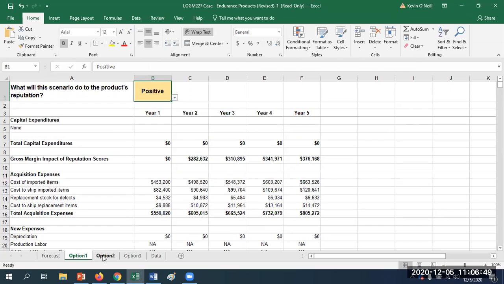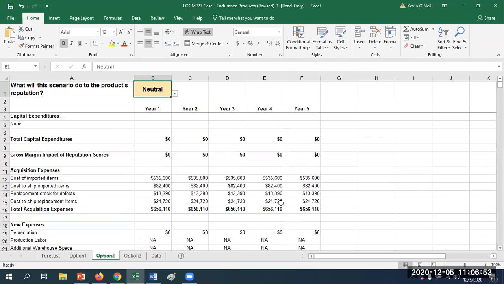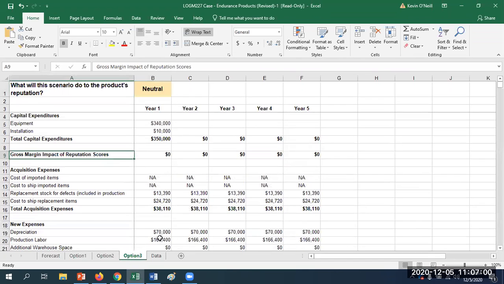The only thing that changes: option 1 is continue to use the same supplier. Option 2 is go to the new supplier. And option 3, you see the capital expenditure comes into play here, and depreciation expense comes into play here. Option 3 is the make it yourself.